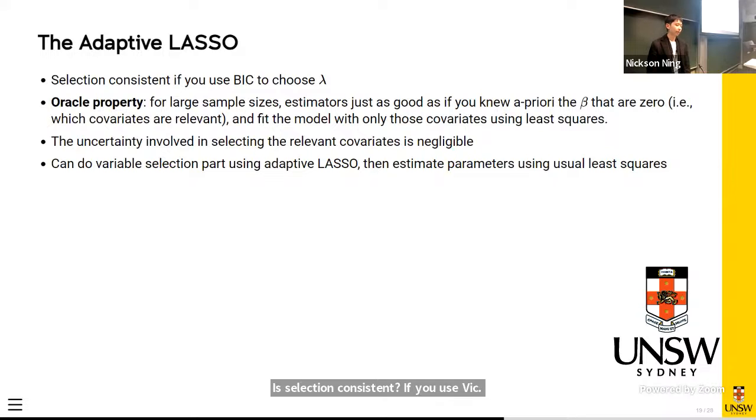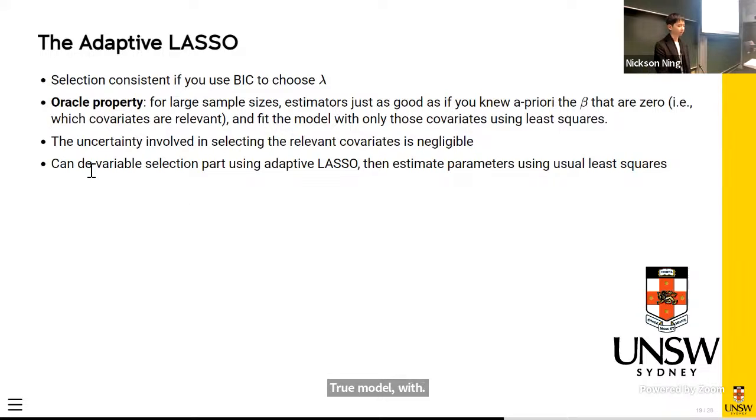And furthermore, it has this other property that is quite good called the oracle property. It's basically saying, if your sample size is large enough, then your estimators are just as good as if you knew a priori which of the betas were actually 0, and then you just fitted the reduced true model with something like least squares.